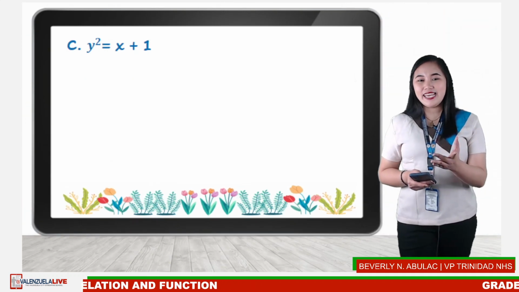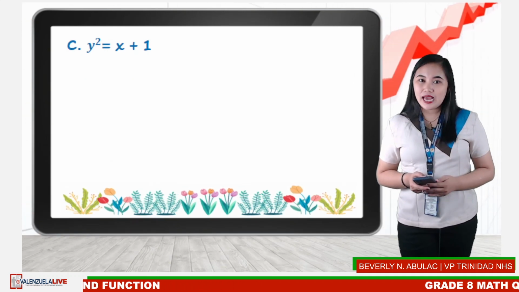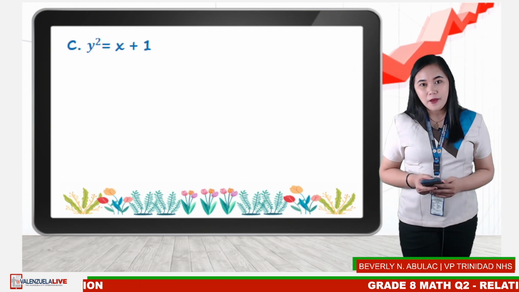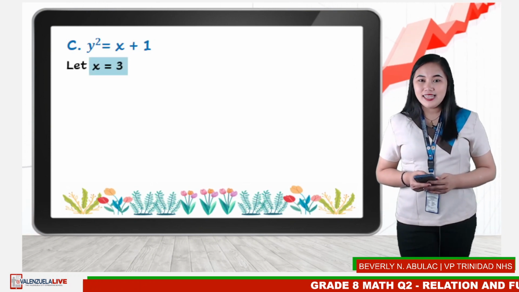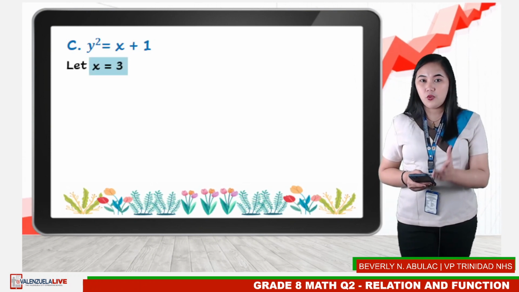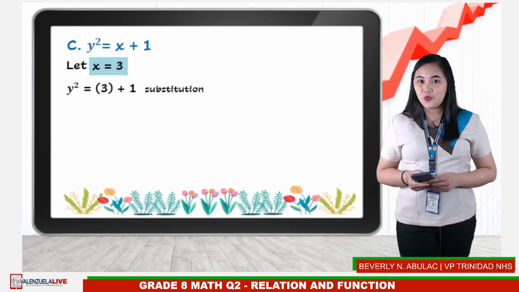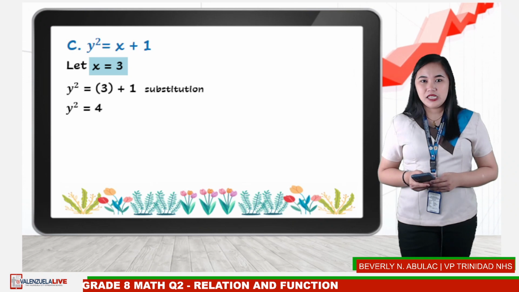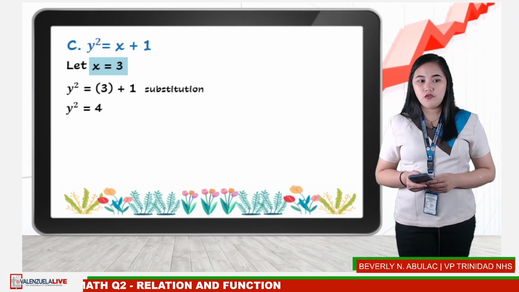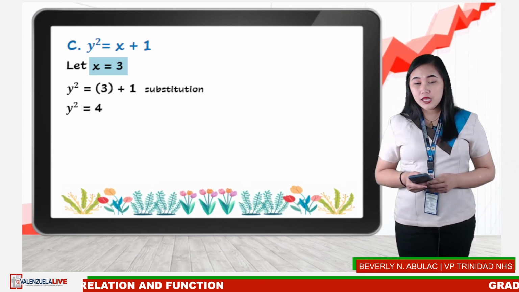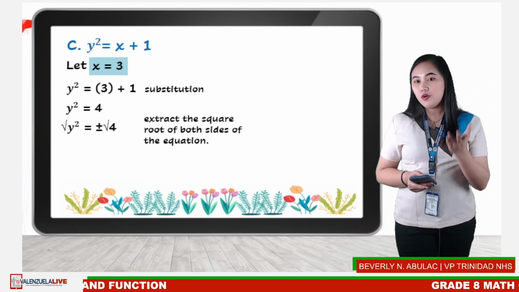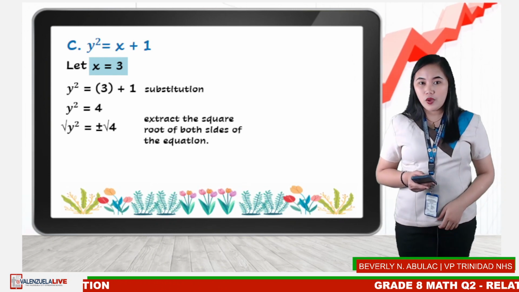So for letter C, we have y squared is equals to x plus 1. Now let us take x is equals to 3, then substitute this value of x to the equation. So we have y squared is equals to 3 plus 1. Simplify, we have y squared is equals to 4. Then next, we have to extract the square root of both sides of the equation.